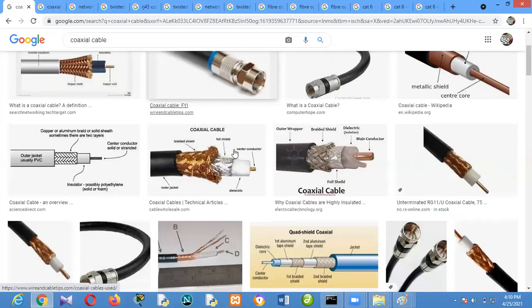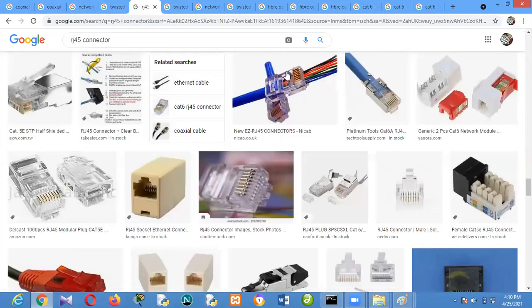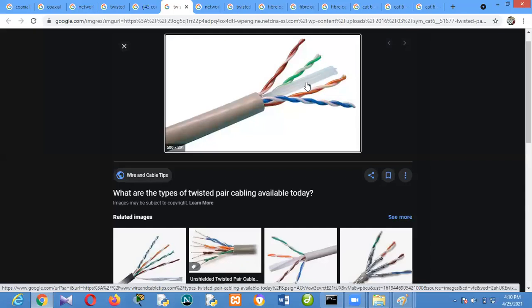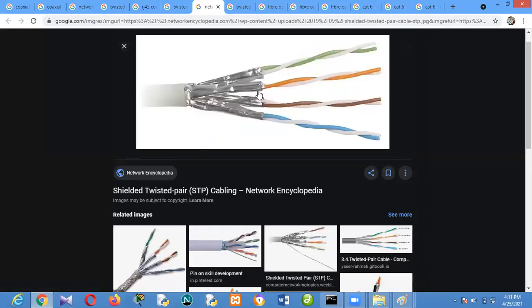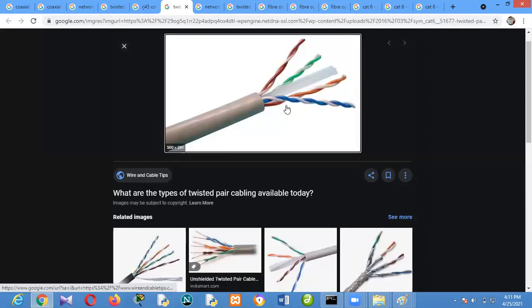Yeah. Foil shield and braid shield. In twisted pair, this one does not have it. So the one that does not have it is what we refer to as unshielded. But if it has it, see this one, it has it. We call it shielded twisted pair. This one is unshielded twisted pair.